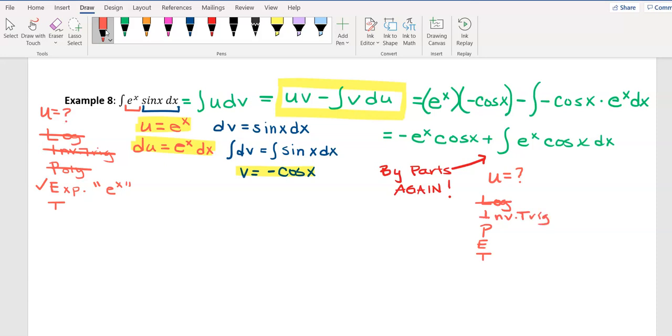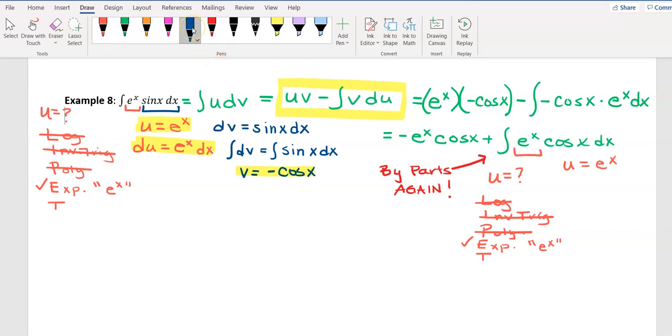No. Do I have a polynomial? No. Do I have an exponential? Oh, yes. Yes, I do. It's once again e to the x. So let's go ahead and write that down. So my u on this one is going to be e to the x. So that's my first part.